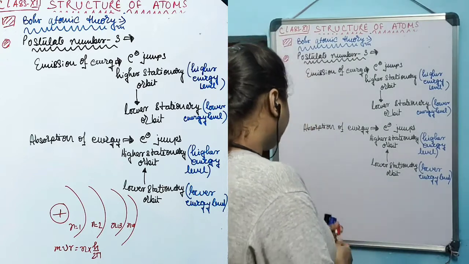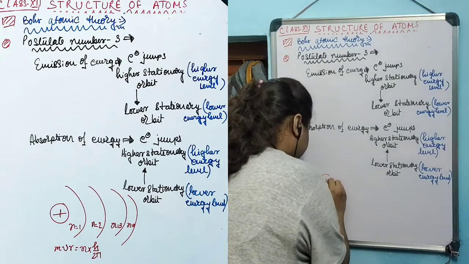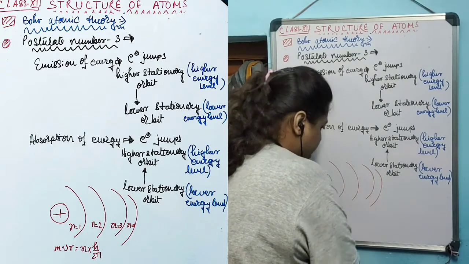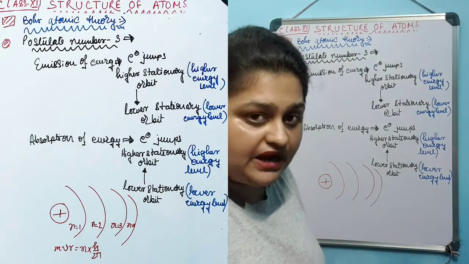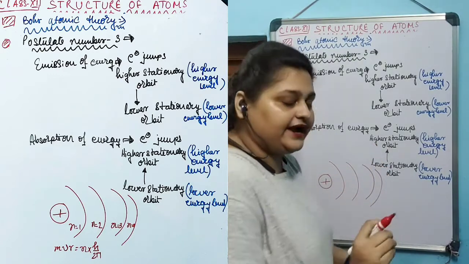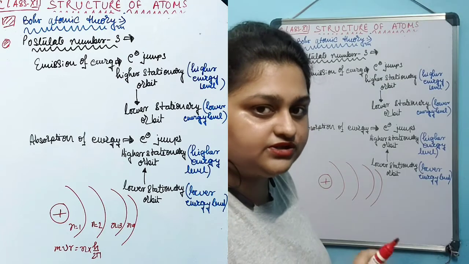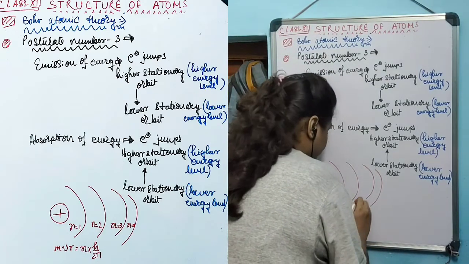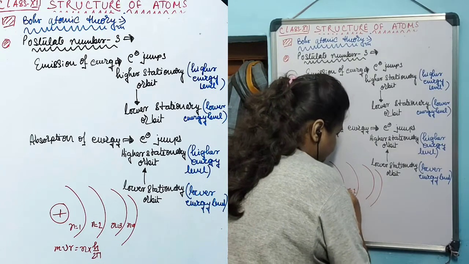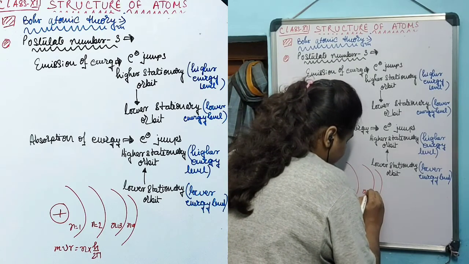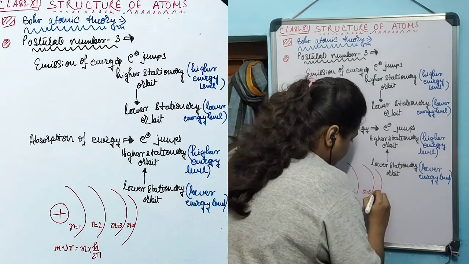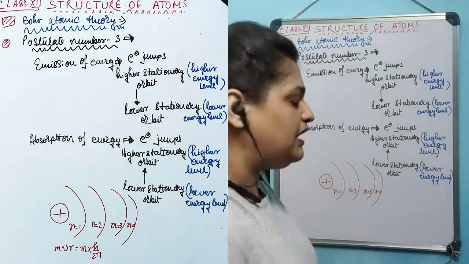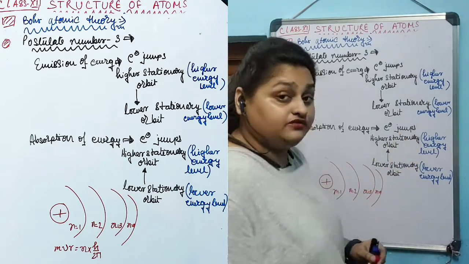Suppose this is the electron, this is the fixed circular path, that is the stationary orbit, that is the energy levels in which the electron can revolve. This is n equals 1, first circular path, this is n equals 2, second circular path, this is n equals 3, third circular path, this is n equals 4, fourth circular path, the permitted circular paths in which the electrons can revolve.